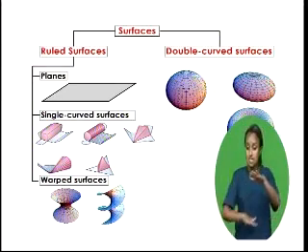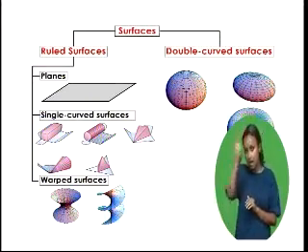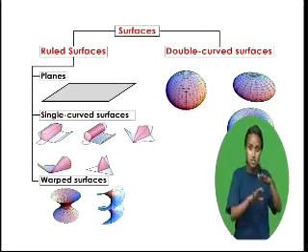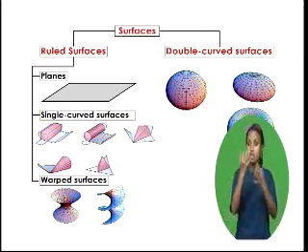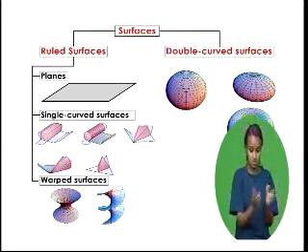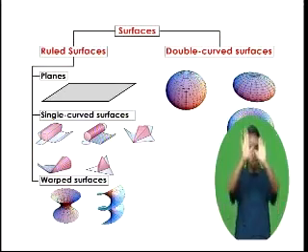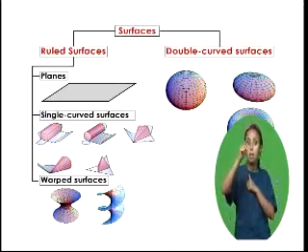Surfaces are divided into ruled and double curved surfaces. Ruled surfaces are surfaces generated by the motion of straight lines in certain desired path. Ruled surfaces are further divided into planes, single curved surfaces, and wrapped surfaces.